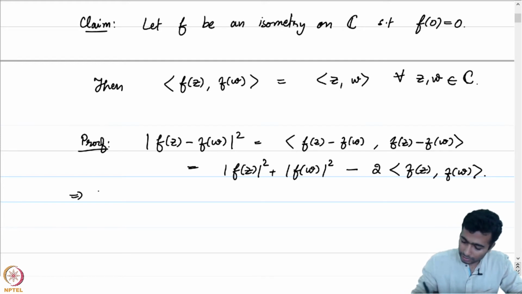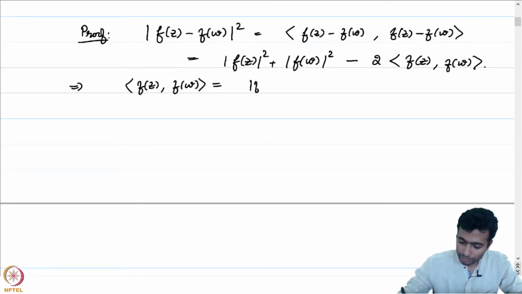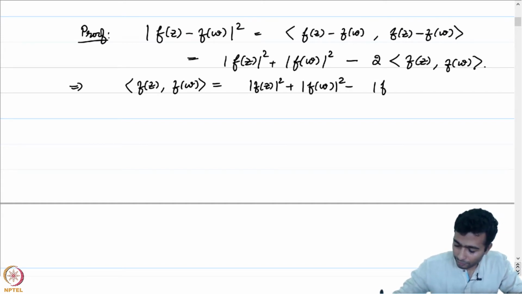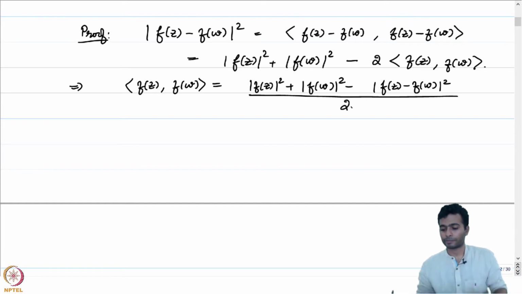And this gives that the inner product of f of z, f of w is equal to the absolute value of f of z square plus the absolute value of f of w square minus the absolute value of f of z minus f of w, the whole square, divided by 2, the polarization identity as we know it.